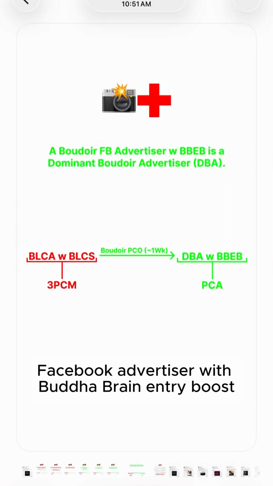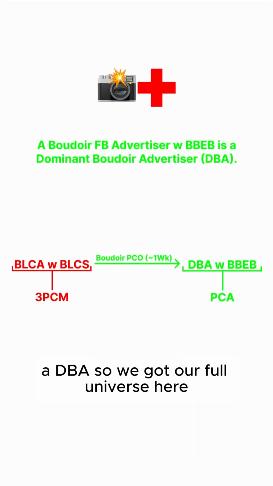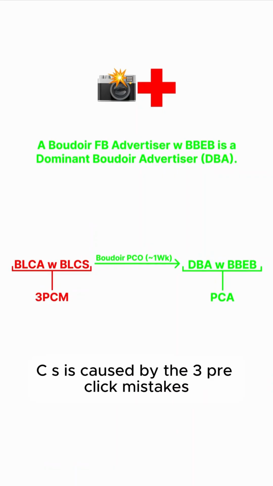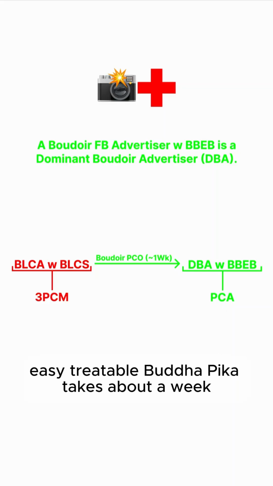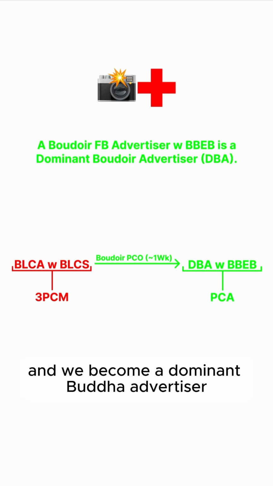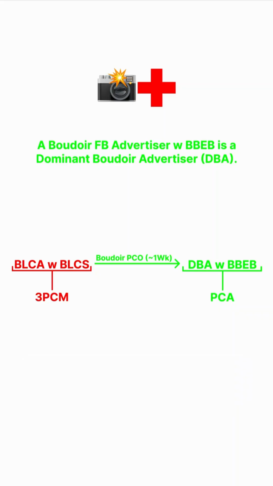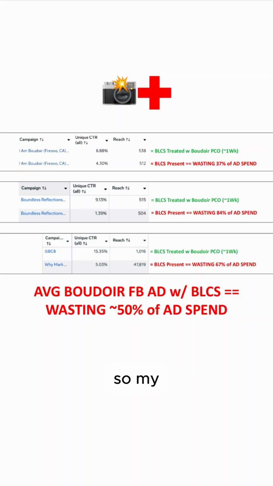And a Boudoir Facebook advertiser with Boudoir brain entry boost is a dominant Boudoir advertiser, a DBA. So we got our full universe here: a BLCA with BLCS is caused by the 3 pre-click mistakes. It's easy, treated with Boudoir Pico, takes about a week. Achieve pre-click alignment and we become a dominant Boudoir advertiser with Boudoir brain entry boost. That is this universe.